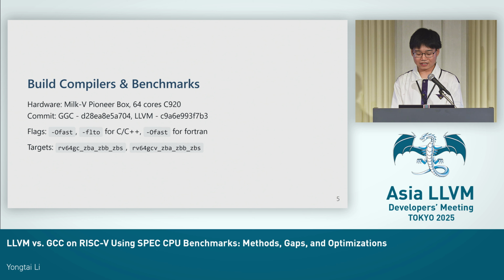The -Ofast and -flto flags are used for C and C++ workloads, while only -Ofast is enabled for Fortran codes. We configured two build targets, RV64GC with Zba, Zbb, Zbs as the scalar baseline, and RV64GCV with Zba, Zbb, Zbs as the vector-enabled target.